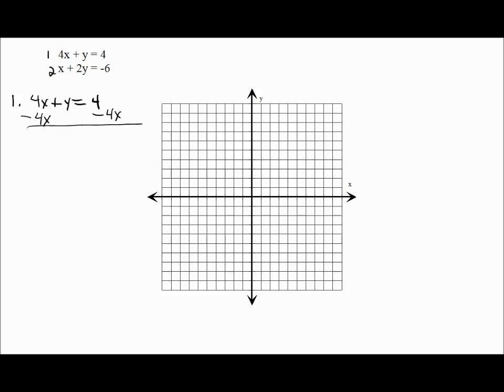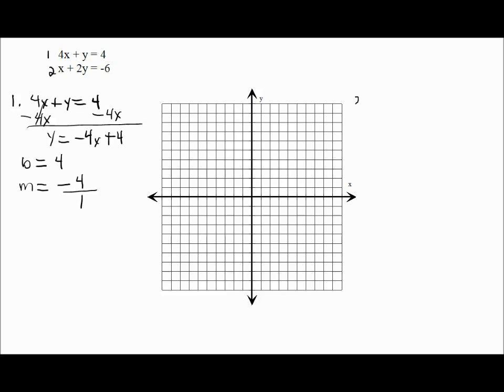That's going to leave me with y equals negative 4x plus 4. Okay, my y-intercept in this case is 4, and my slope is negative 4. But I'm going to write it as a fraction, so I'm going to put it as negative 4 over 1.